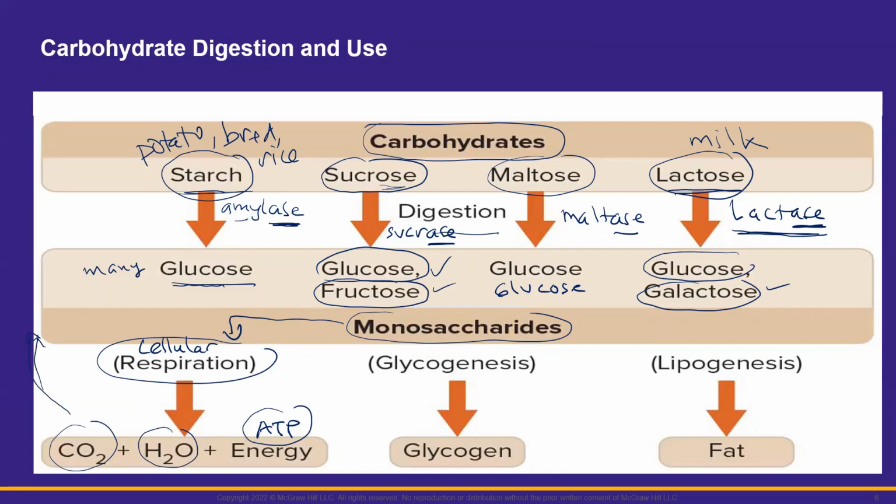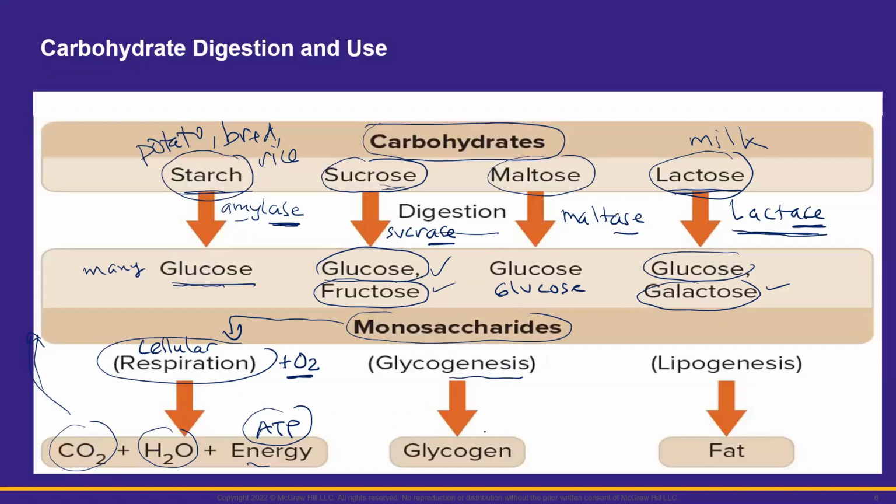And cellular respiration requires oxygen. So glucose plus oxygen will produce energy, ATP, plus carbon dioxide and water. If we have extra glucose, then through the process called glycogenesis, it will be stored in the liver as glycogen.